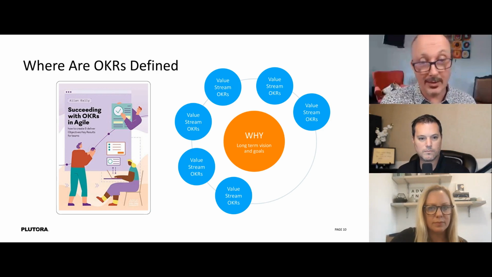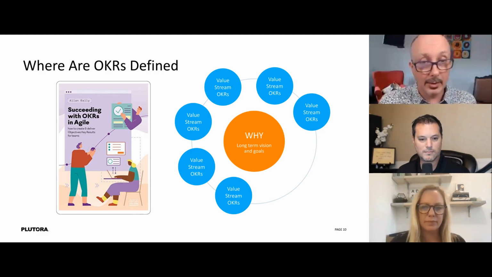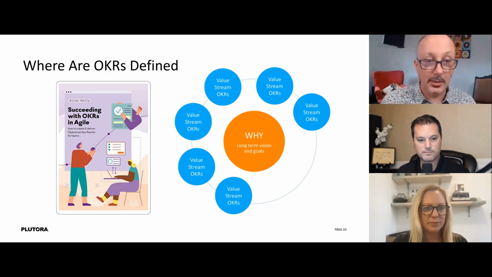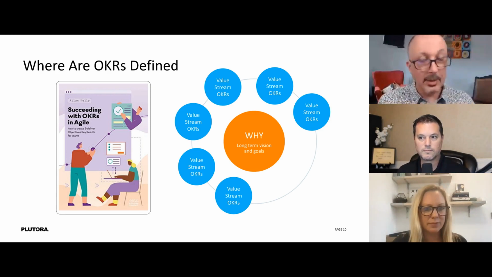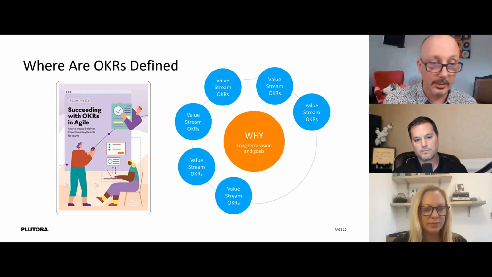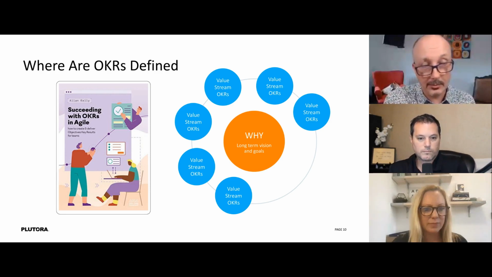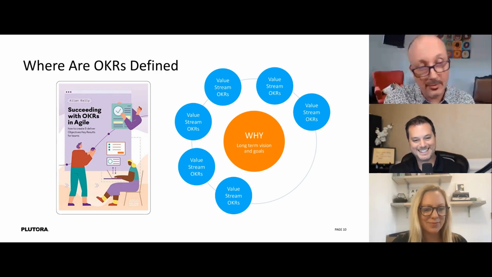And it's actually fascinating to hear Jeff championing value stream OKRs. I was thinking very much in terms of team level upwards, but there are lots of ways of looking at organization, and managing cross-cutting concerns, managing end-to-end concerns is also really important. So I really enjoyed hearing Jeff champion those. We should hear more from Jeff, I think.